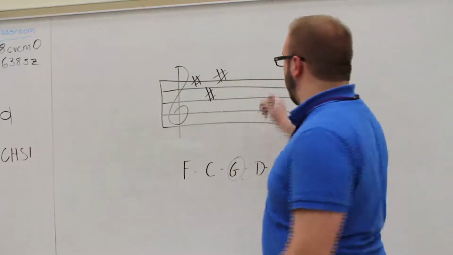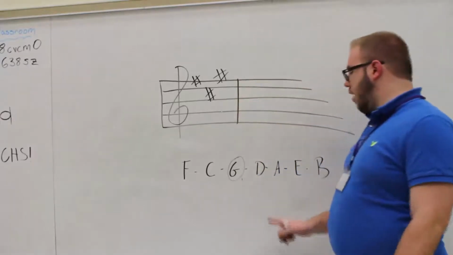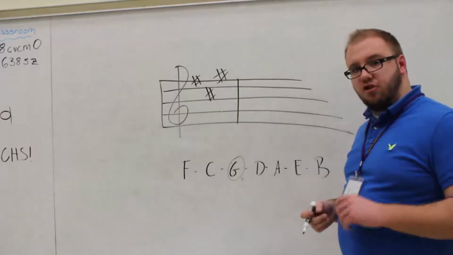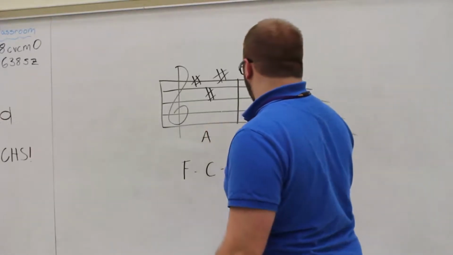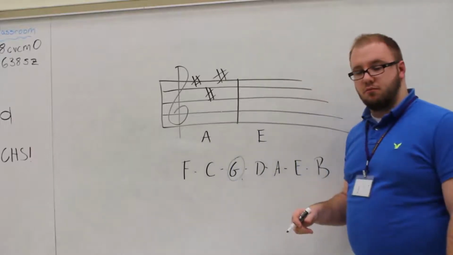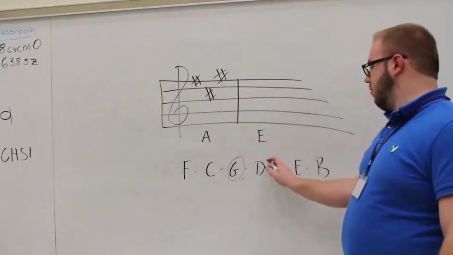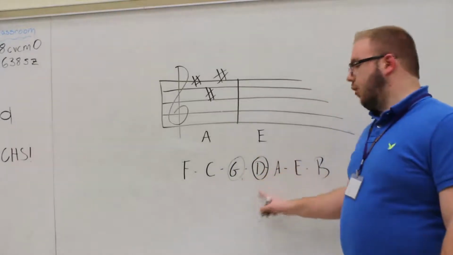Let's figure out one more. Let's say we wanted to figure out the key of E major. Okay, so this was A. Now we're looking for the key of E. So what is 1 letter before E? D. So we need 4 sharps.